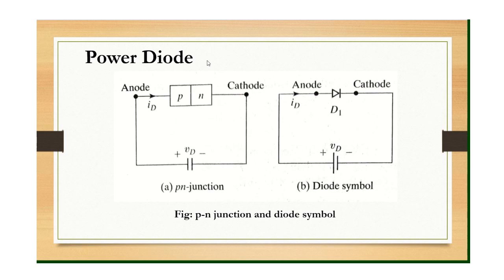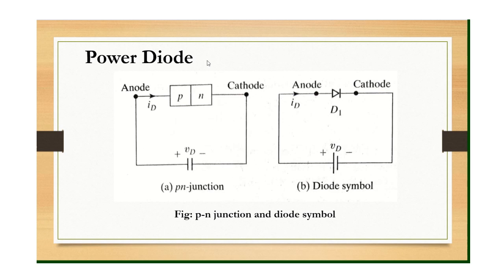The terminal at the p-type is called the anode, and the terminal at the n-type material is called the cathode, and on the right side is your diode symbol. We already know the basic operating principle. When the anode potential is positive with respect to the cathode, we say the diode is forward biased, and it starts conducting.